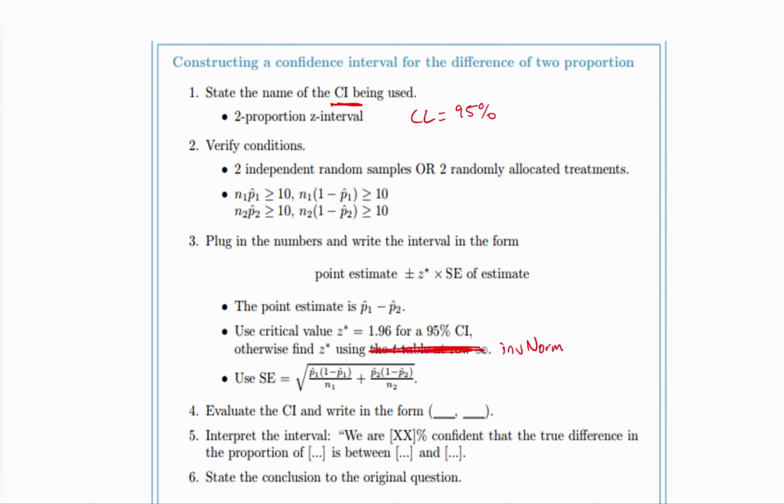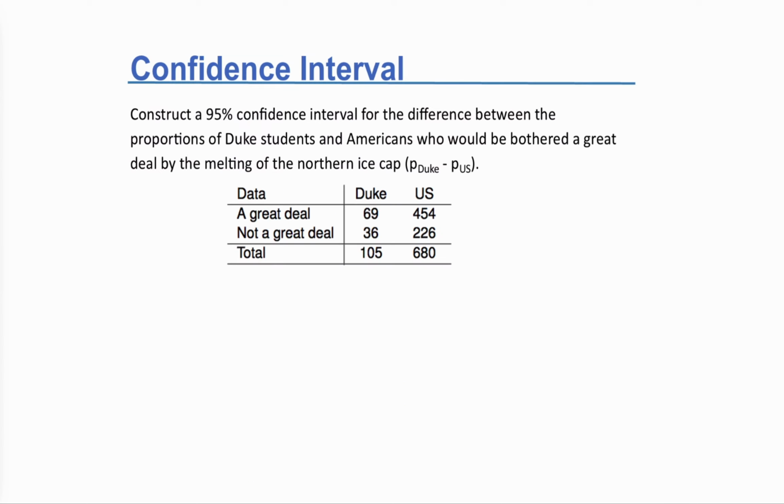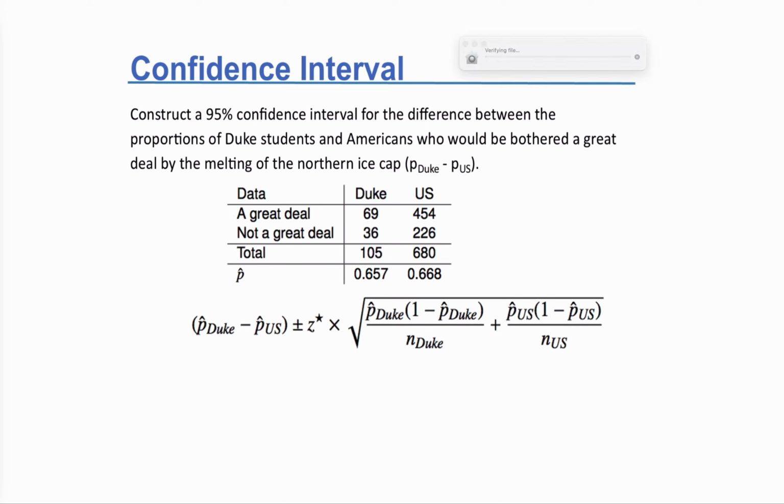We are 95% confident that the true difference in the proportion of Duke and US students who would say that they would be bothered a great deal by the polar ice caps completely melting is between blank and blank. All right, so here are our proportions, our p hats. For Duke, it was 0.657. For P US, it's 0.668. We already talked about the conditions.